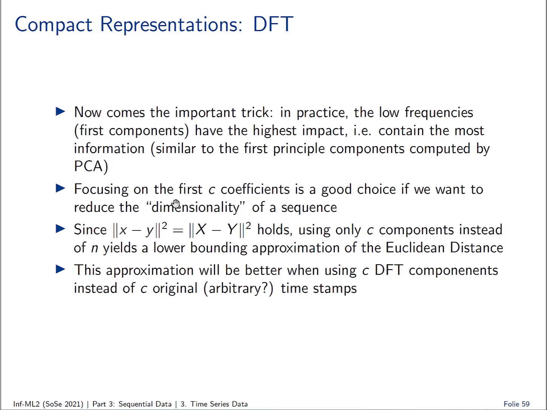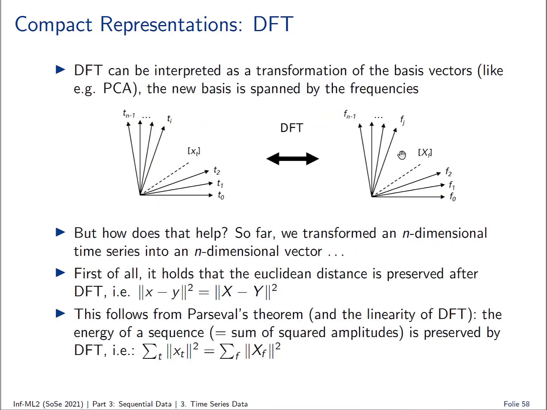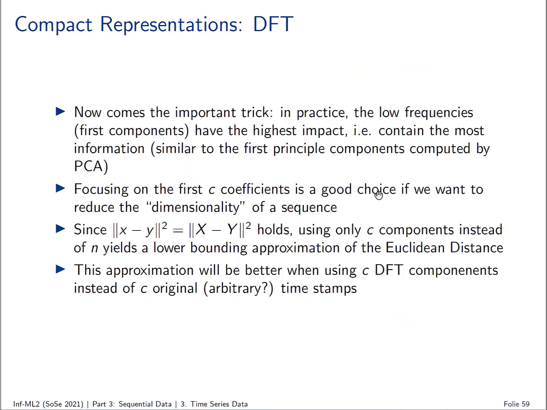So focusing on the first C coefficients, the first C frequencies in this transformed representation by DFT, could be a good choice if we want to reduce the dimensionality of a sequence.